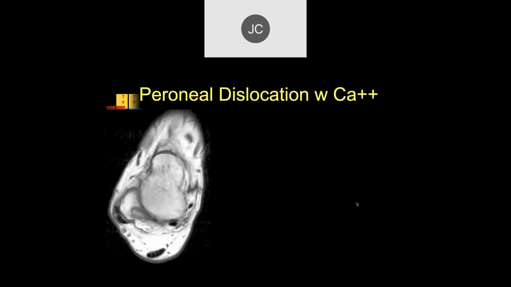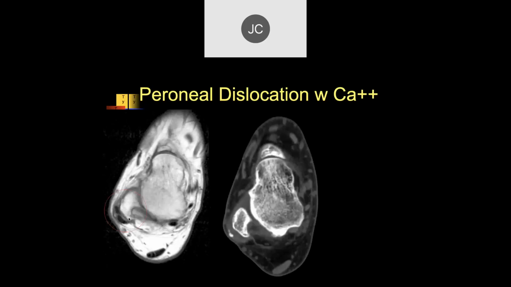Okay, on x-rays, this patient had calcification in the area of the peroneal tendons. And what do you see here? Yeah, it looks like the posterior aspect of the lateral malleolus has a hook there. So yeah, very irregular and subluxation of the peroneal tendons.